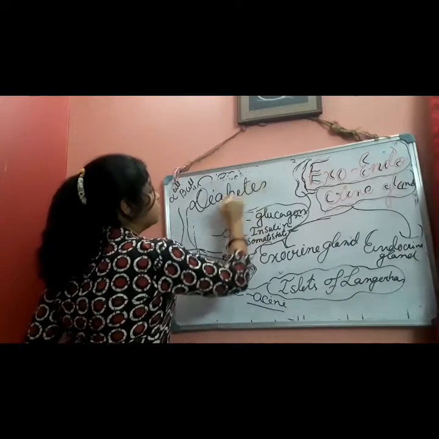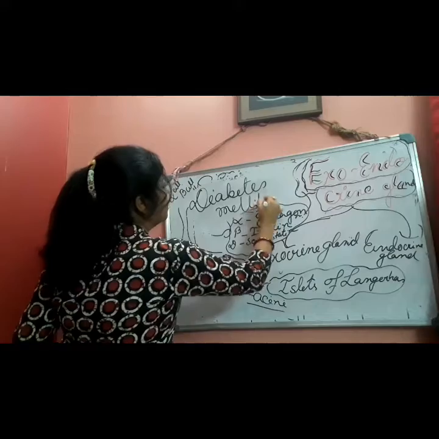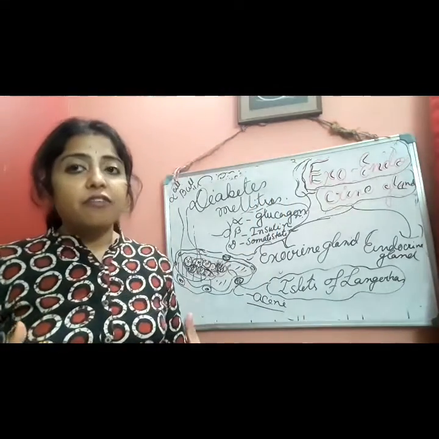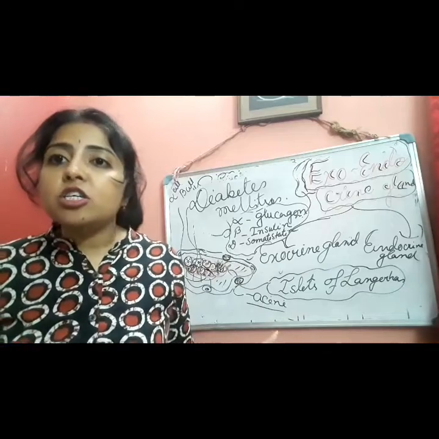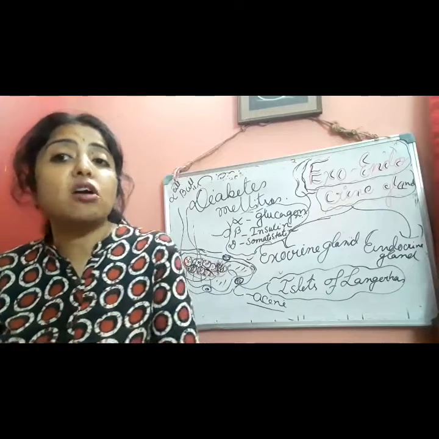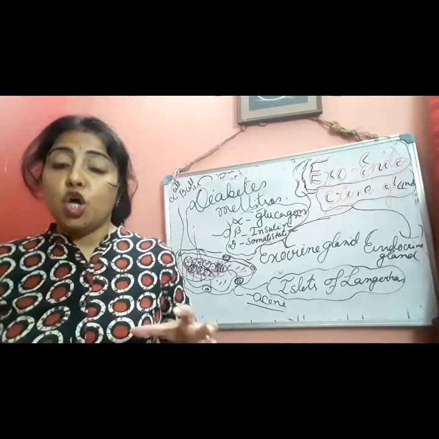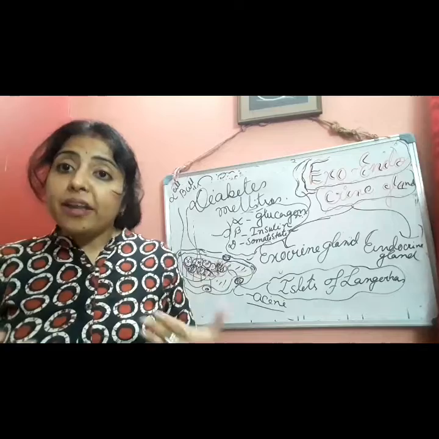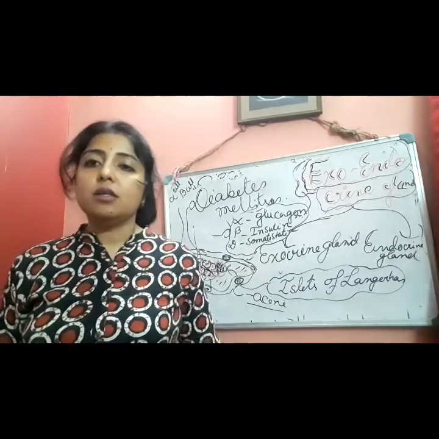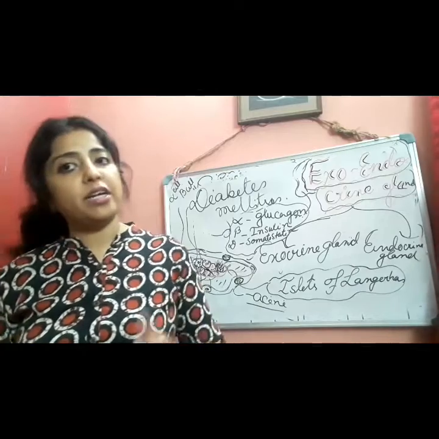Diabetes mellitus. And if there is hypersecretion of insulin, what will happen? Insulin shock may happen. Glucose will decrease in the blood, so the person will faint, and may even die.